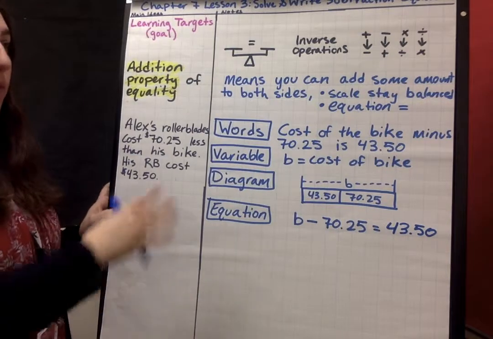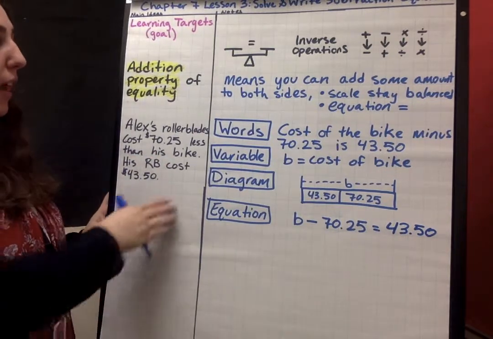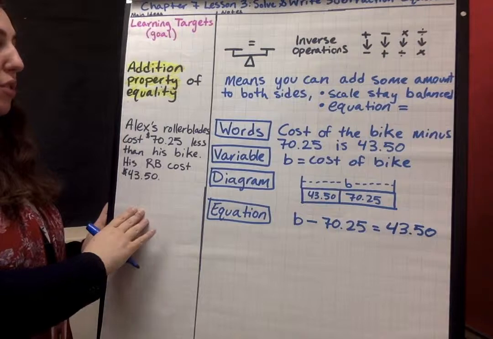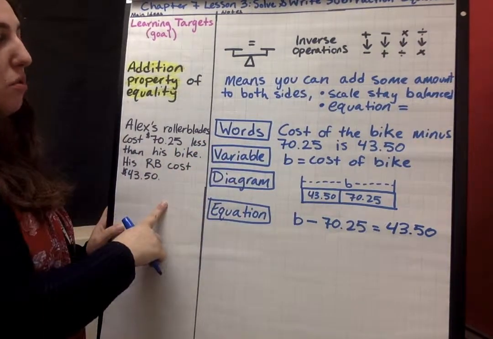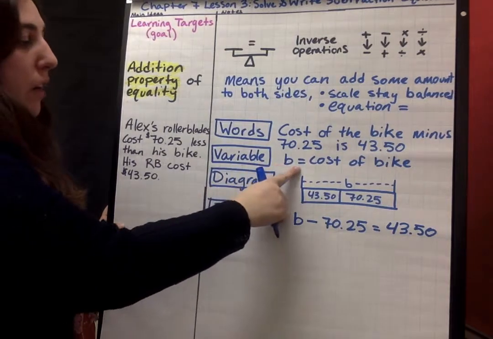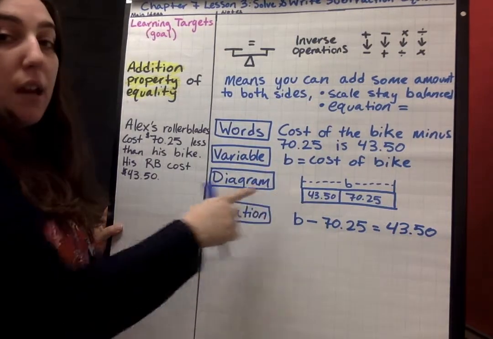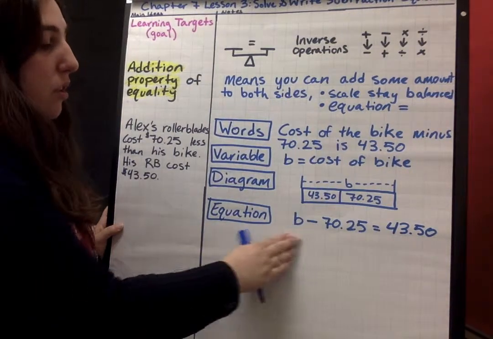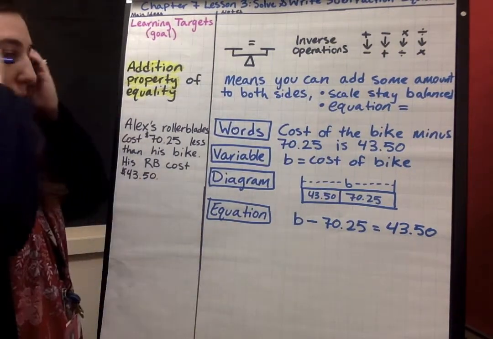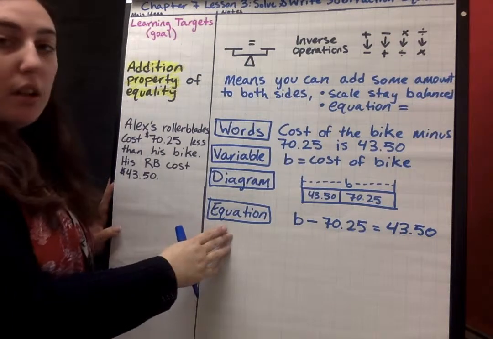All right, so we followed this process. So every time you get a situation, write down the words, okay, what you understand from the situation. Define your variable, draw a diagram if you need to, and also write down the equation, the most important part, okay? This is one of our learning targets.